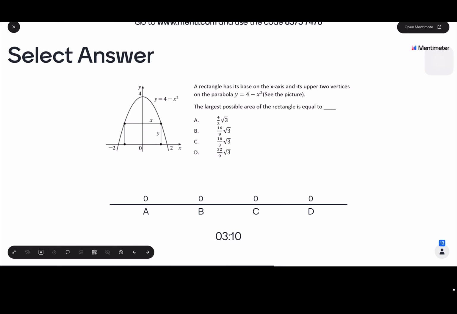Remember to optimize the model. So the model is area. So you have x, you have y, you can have the area. And then you can substitute one of them with 4 minus x squared. Right? You can multiply and then differentiate. And then set it equal to 0, you get the critical numbers. Okay? And from those numbers, you can check which one gives the largest possible area.